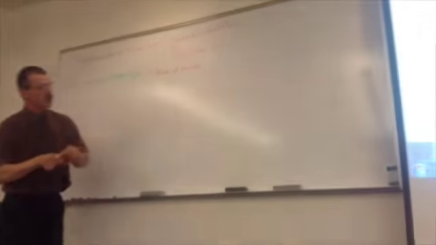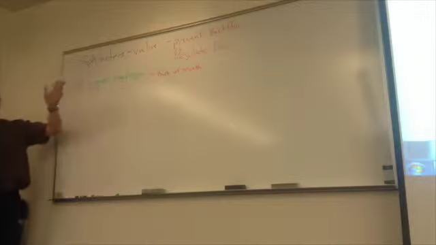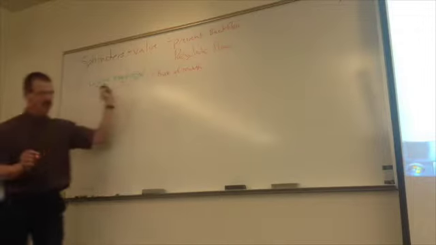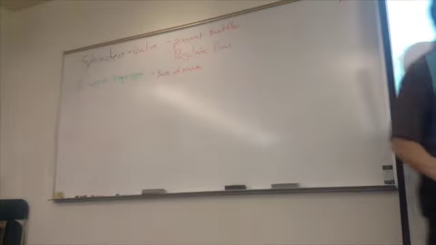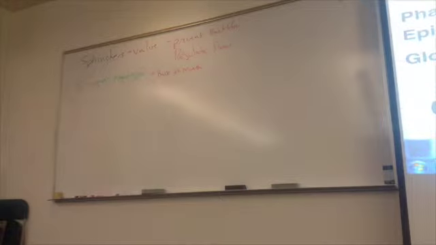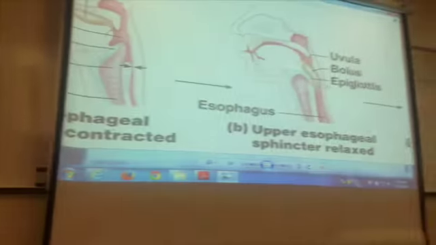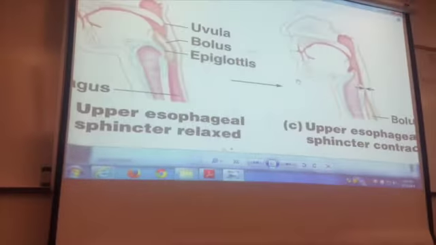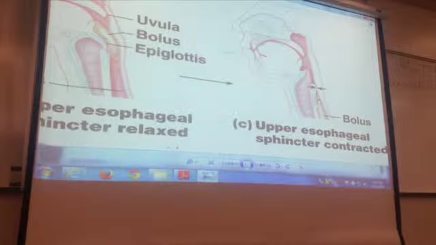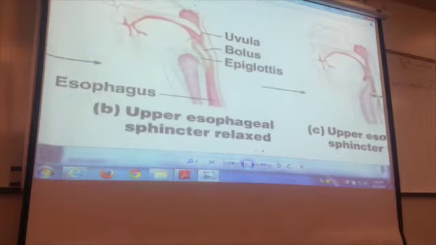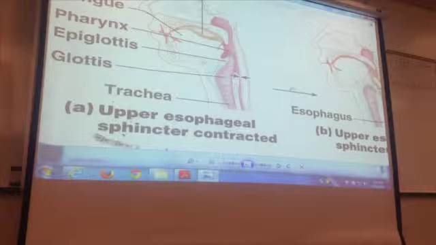Or you can say between your mouth and your esophagus. You can say pharynx. I don't care how you say it. Just understand that's the one right here. So my upper esophageal is closed. Here comes my cheeseburger. I have to open the door. So I relax the sphincter. That way the food can now enter my esophagus. So that's my upper esophageal valve or sphincter, to be formal.